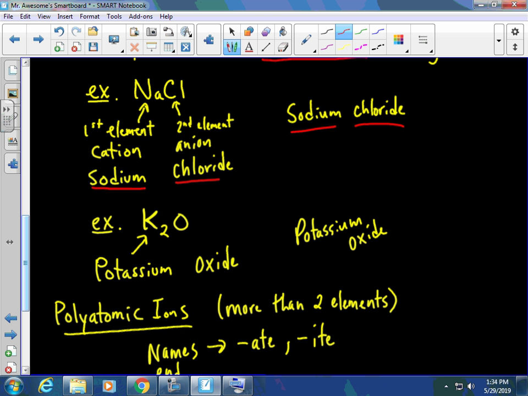All right, another example I wanted you to see, K2O. Now the cool thing about ionic compounds is the subscripts, how many atoms of each thing there are, we don't have to worry about it. Don't even worry that there's two of these Ks.